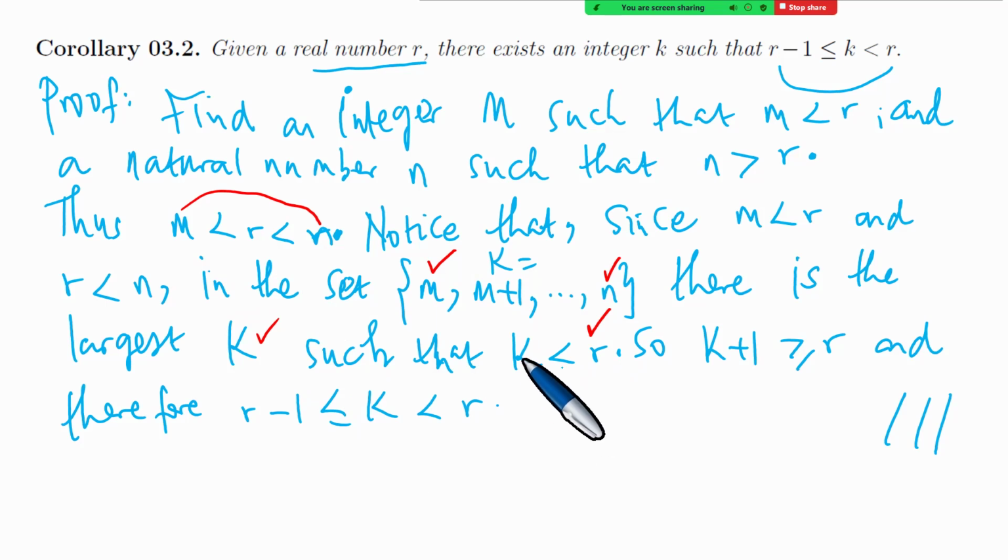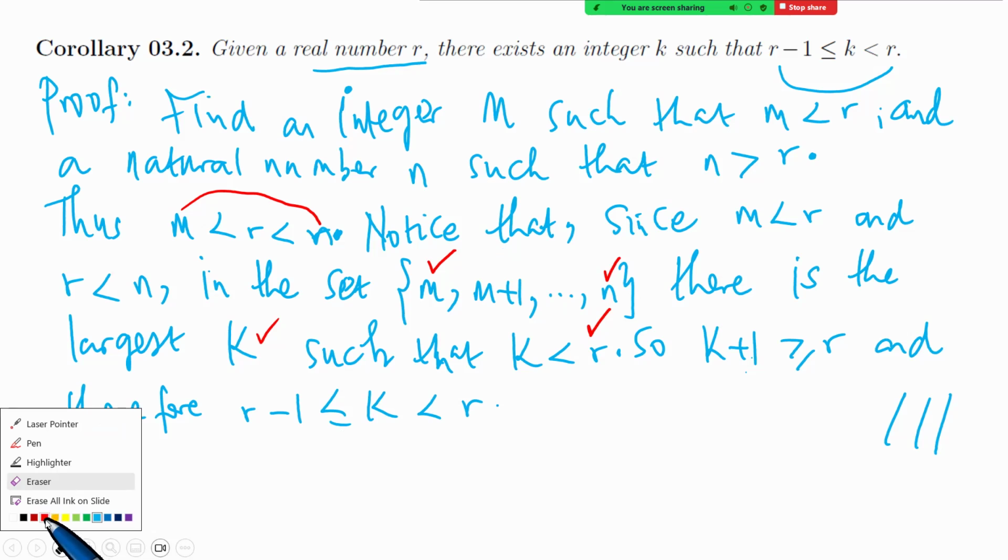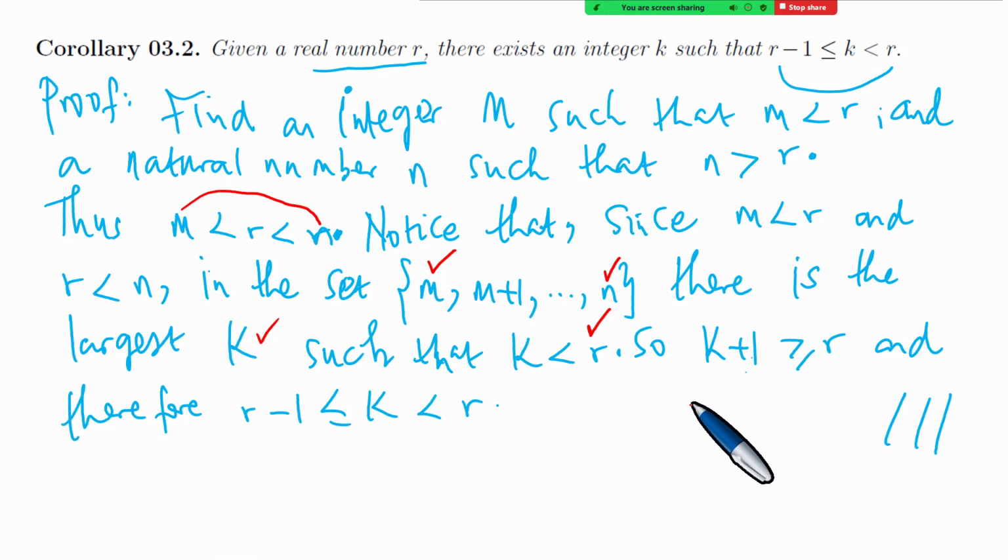If the k is smaller than r, then we can find a k plus 1 that is bigger or equal to r.